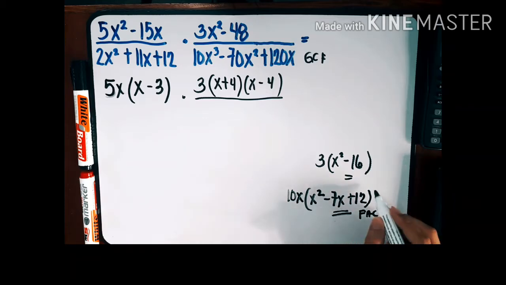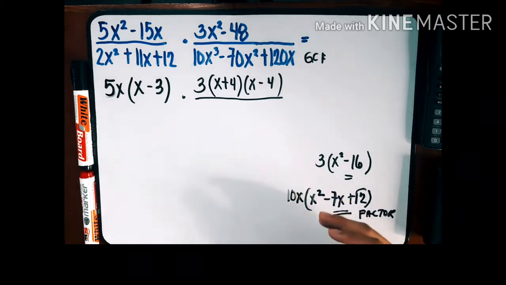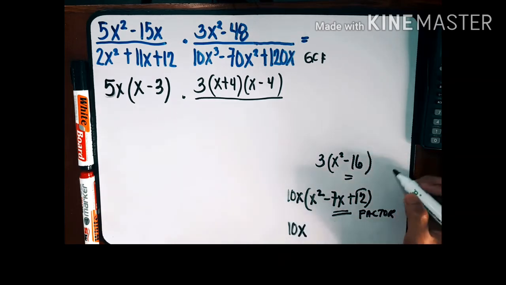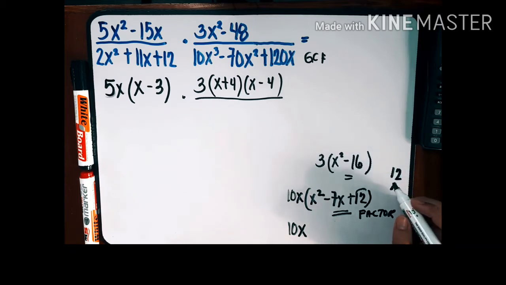So, isip lang tayo ng dalawang numbers na merong product of 12 and sum of negative 7. So, ang gagawin muna natin, fa-factor muna natin hanggang mas ma-simplify natin. So, in this case, yung factor niya, kung 12 yung numbers, pwede natin gamitin na product dito is negative 3 and negative 4.